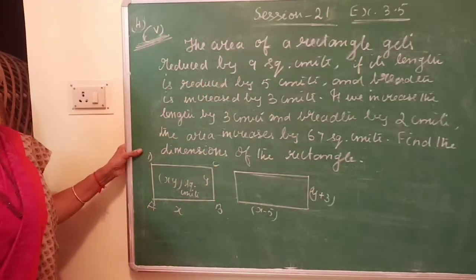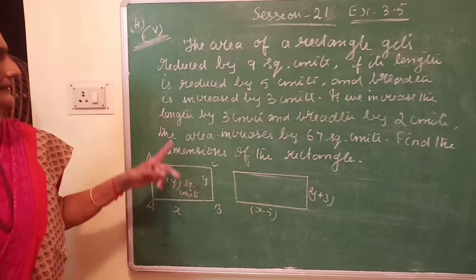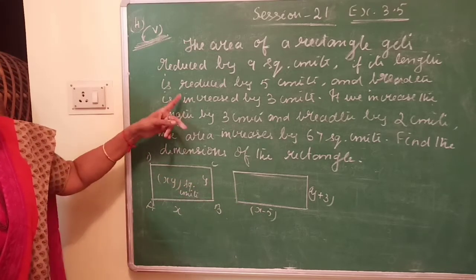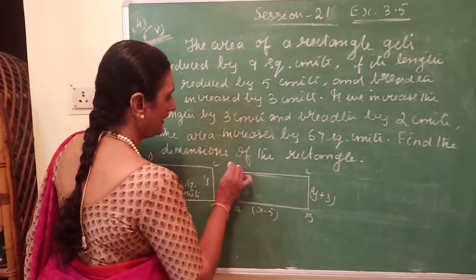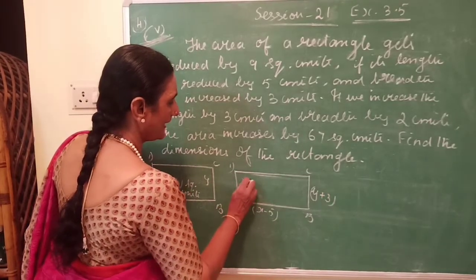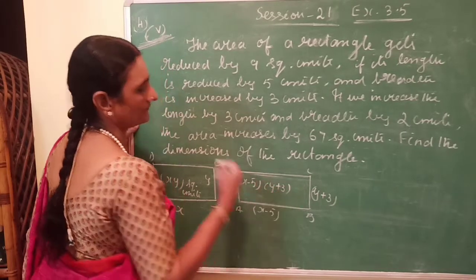Correct? Are you understanding? You just name it as ABCD only. Now what is the area, children? Area is (x minus 5) into (y plus 3).